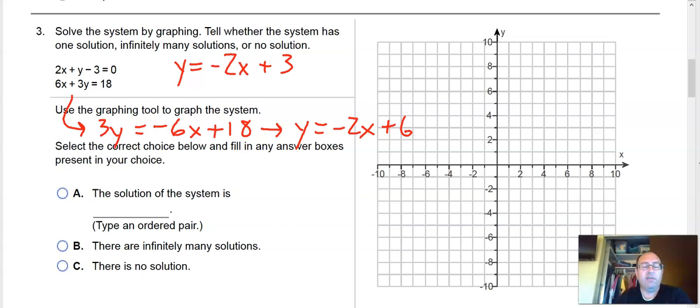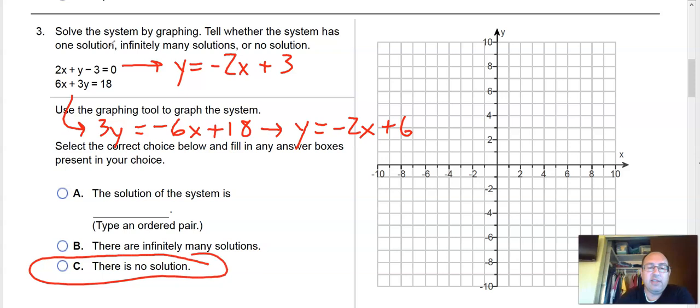As you can see how I did this one, first thing I did was I solved them both for y so I could easily graph. First of all, hopefully you see that the slopes are the same. Slopes are the same, but the y-intercepts are different. Now, right there, that's enough information to say that there's no solution.